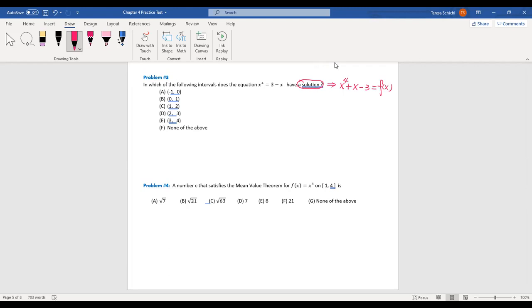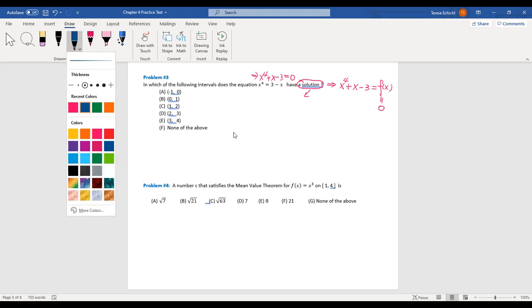Having a solution means f of x equals 0, that is x to the fourth plus x minus 3 equals 0. The solution is the x that satisfies this equation.